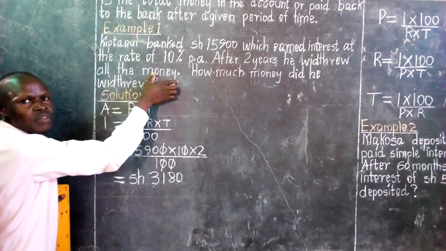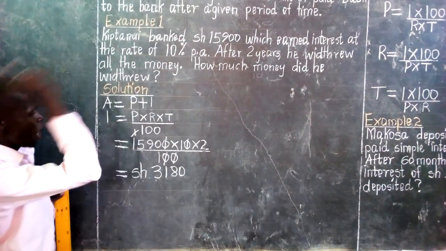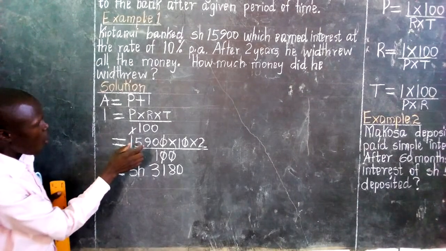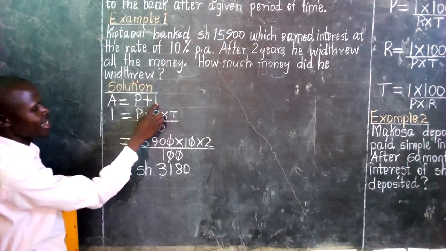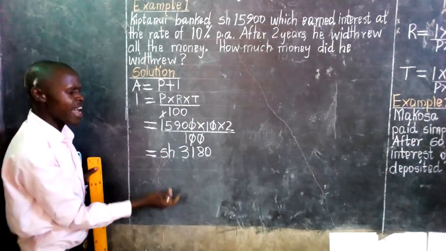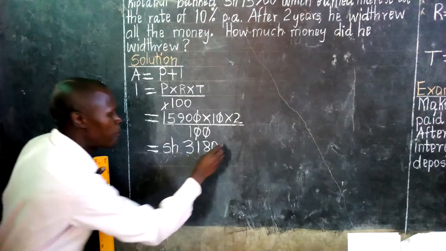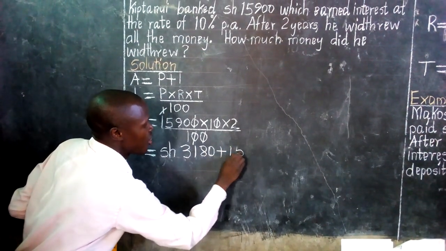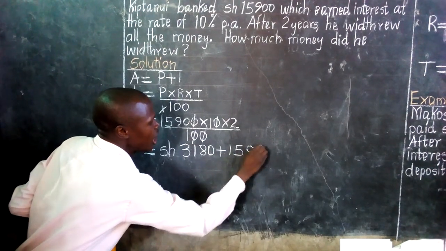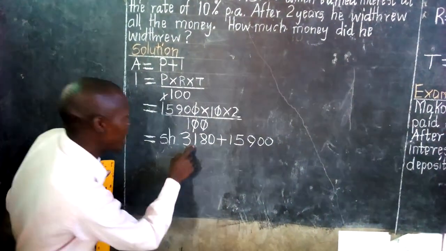But what are we looking for? All the money. That is amount. We shall take the principal, which was 15,900 plus the interest. What is our interest for this case? 3,180 plus 15,900. We can do it vertically. We shall write this one here.